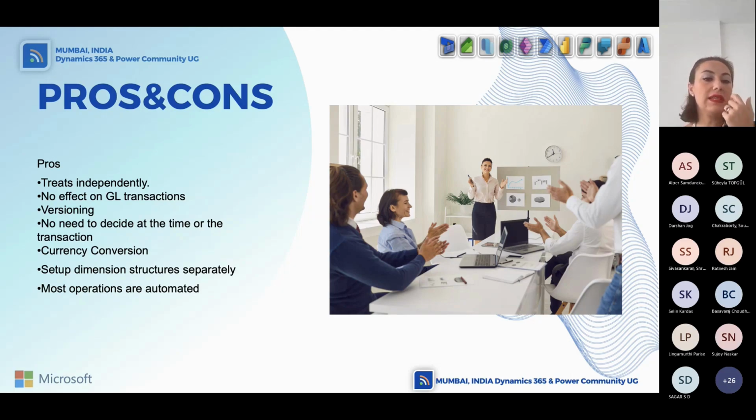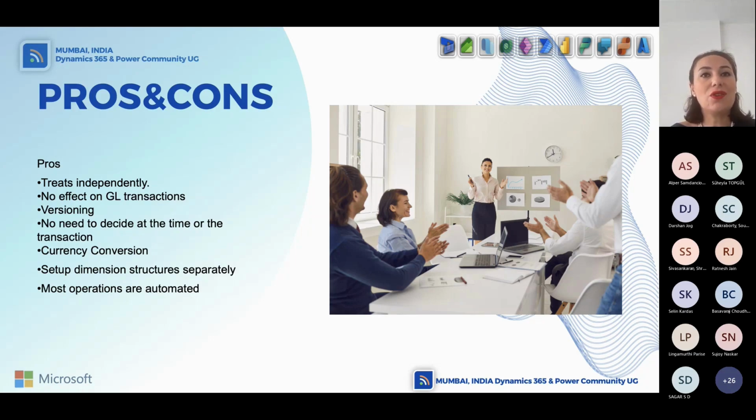You do not need to decide at the time of the transaction. So you can post everything and you can do your rules at the end of the month. It also has currency conversion, so you can report according to the currency you want to see.